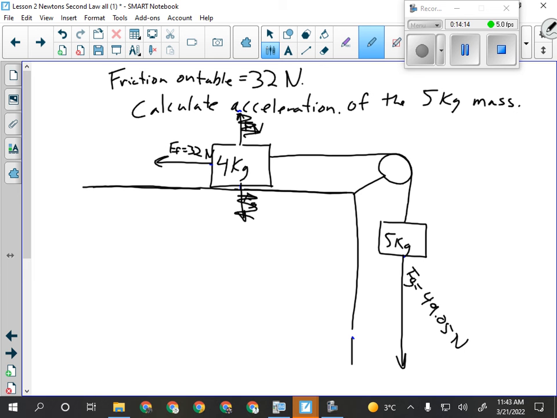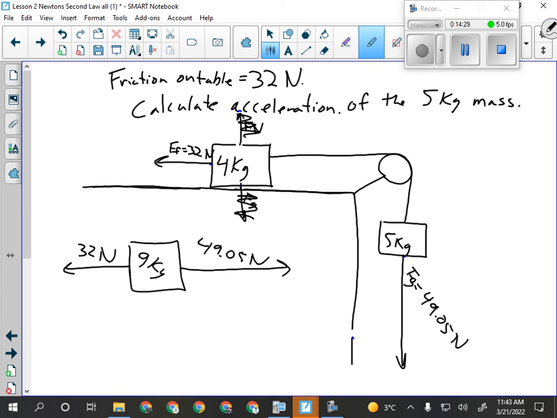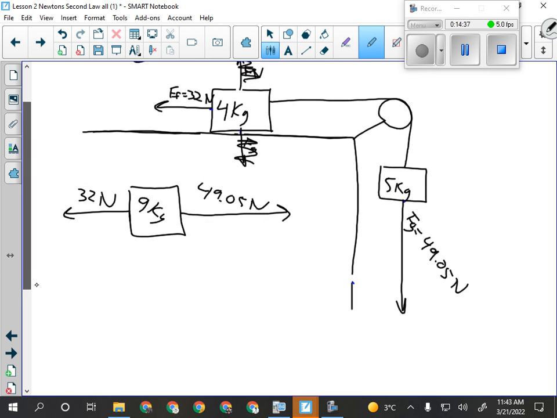So what I want to do is simplify this diagram down to this. 9 kilograms worth of mass being pulled in one direction by 49.05 newtons worth of force and being resisted by 32 newtons worth of force. Okay? That's what's going on here. Is that all 9 kilograms are being accelerated by whatever the net force ends up being.